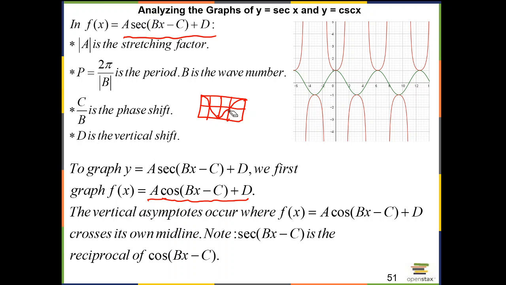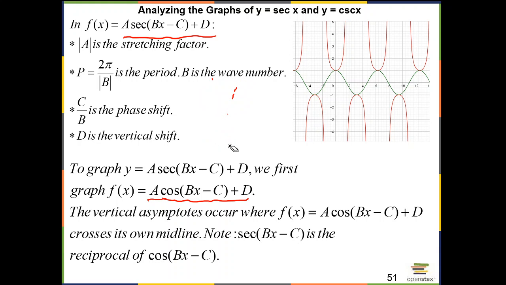Of course, you do a dotted line. And where you see it crosses its own midline, you're going to put a vertical asymptote. And then you do a half valley here and a half valley there and a complete hill over here, like that. That's how we graph this.